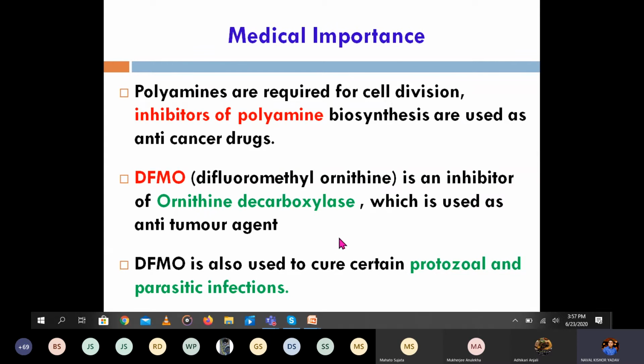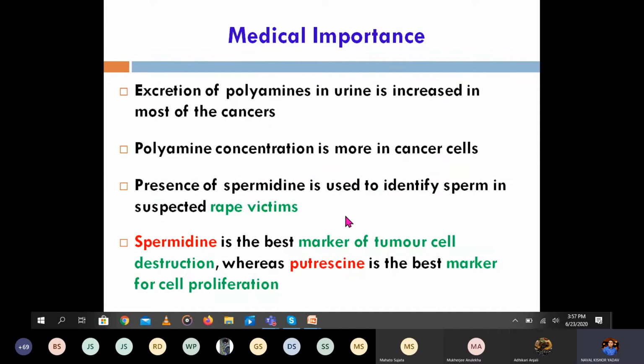This is also involved in the maintenance of the structure of tRNA. If you remember the structure of tRNA, it is a clover leaf structure. The polyamine is also involved in the maintenance of that structure. And they are also required for the packaging of bacteriophage DNA. They also stimulate nucleic acid and protein biosynthesis.